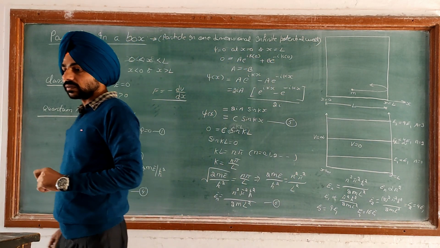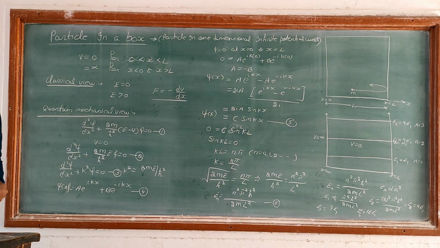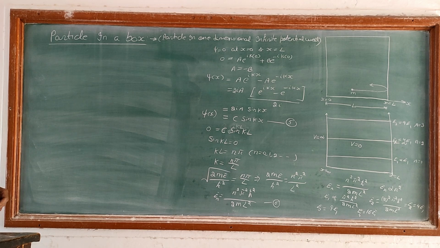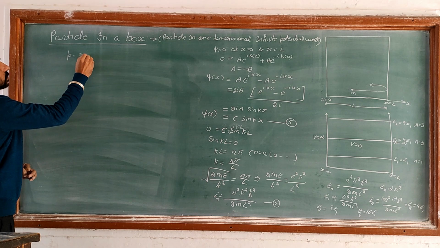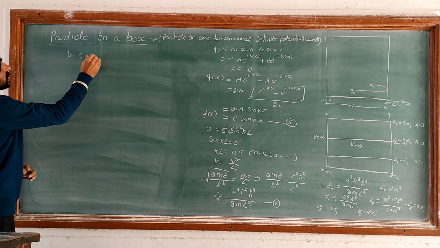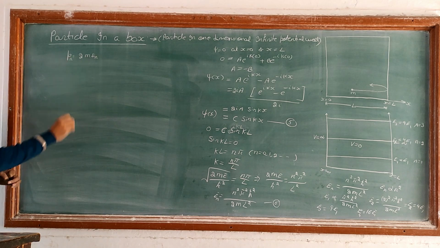Now we will find the momentum value, or the eigenvalue of momentum. We know the linear momentum for one of the allowed values En is given by P equal to square root of 2mEn, because energy is a function of n, so Pn.